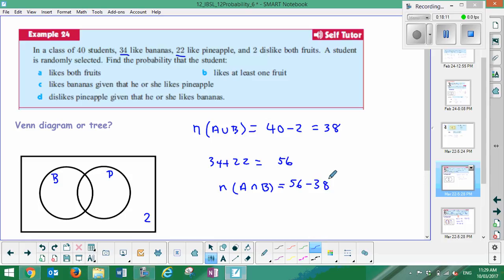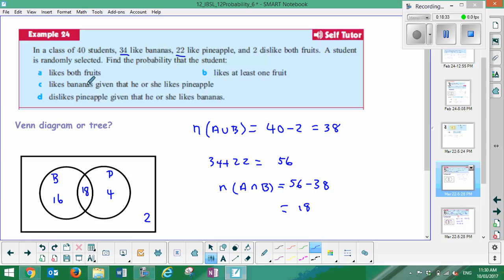All right, so you can see how we work these out. 56 minus 38 gives us 18. So if we know we've got 18 in here, fill in your Venn diagram. That's 18. We've got 34 liking bananas, so we've got 16 in here, and 4 that like pineapple only.